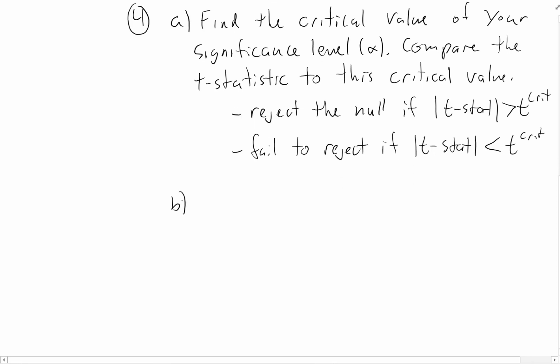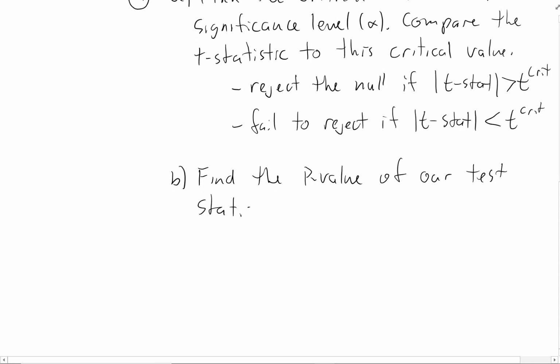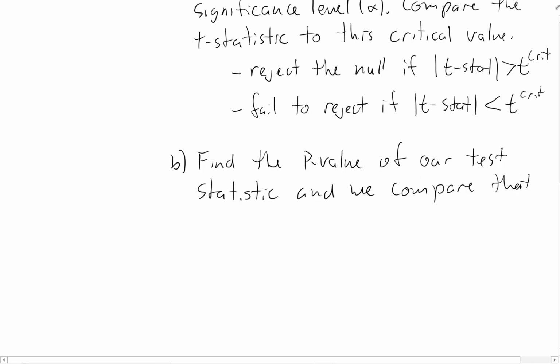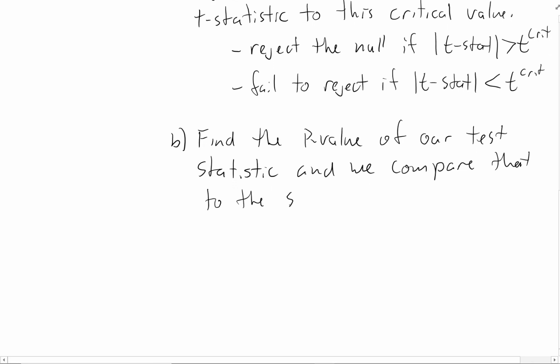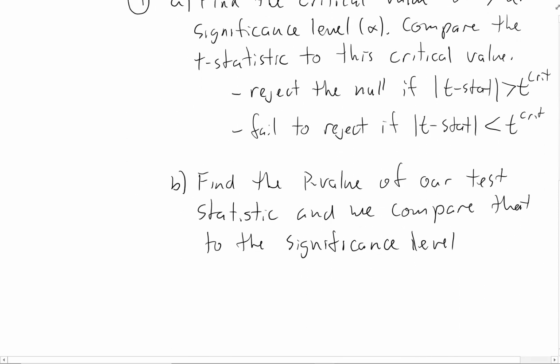The other way is to use something called a p-value. So we could find the p-value of our test statistic and compare that to the significance level that we picked in step 2.